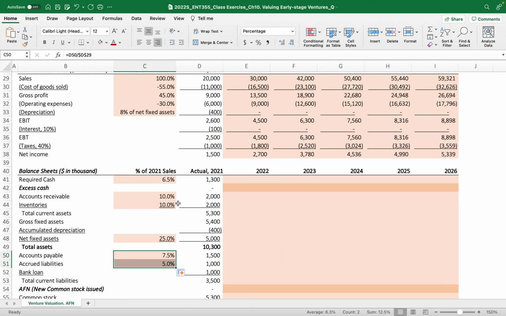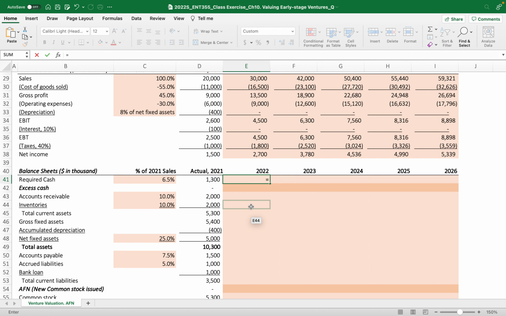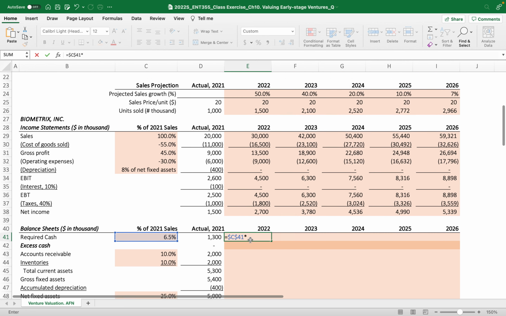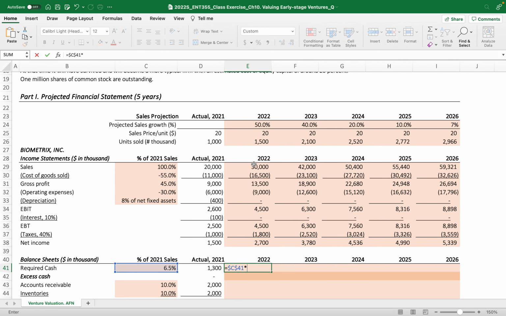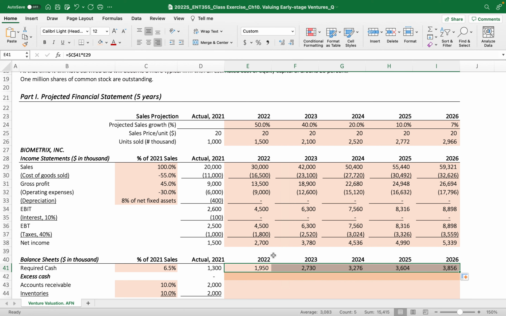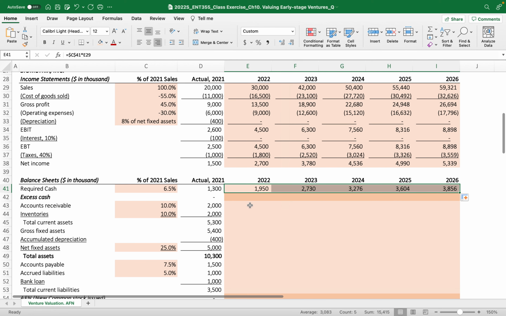So first, required cash. How do we get this required cash? This percentage must be linking to the sales for the projected years. Then let's just drag. Excess cash amount we haven't decided yet, because we cannot decide it at this point, because the excess cash is based on the comparison between total asset and total liability and equity.